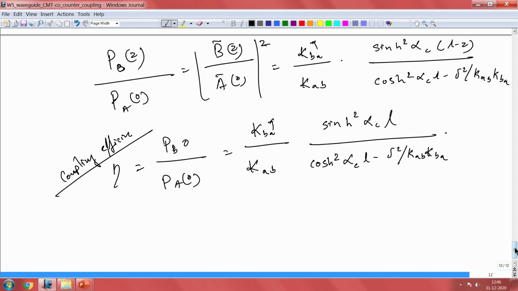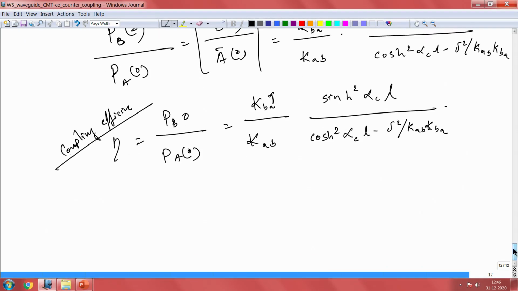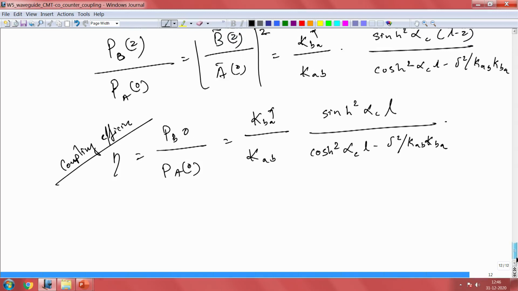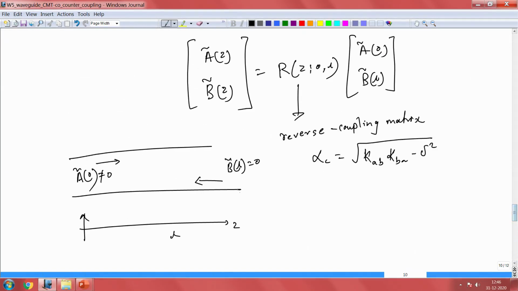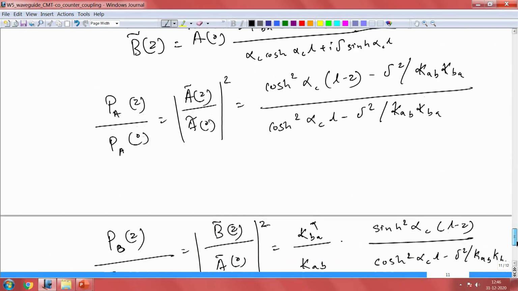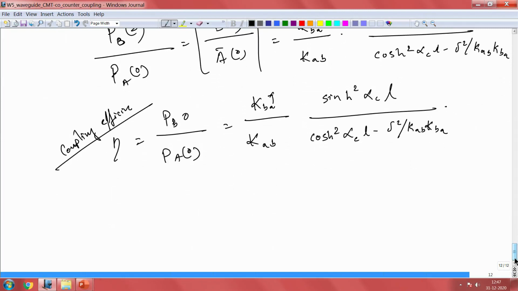So, this is actual coupling efficiency in a counter propagating wave, because B is propagating backwards with no input at Z equal to L. So, at a certain length L, there is no input, so it is moving from A naught to B z. That is what we are trying to find out: how much power would be coupled to that mode.